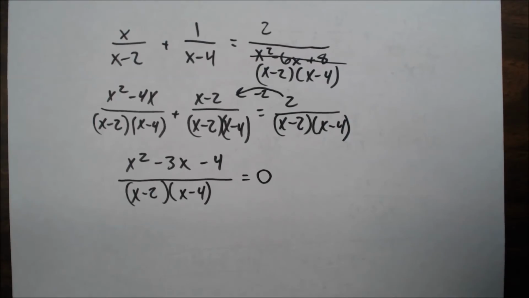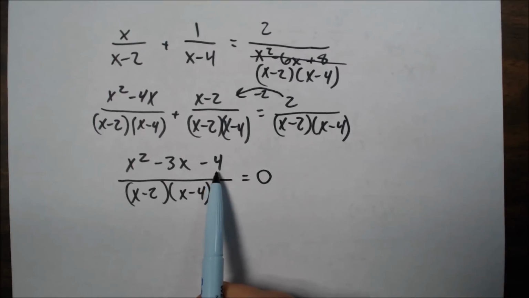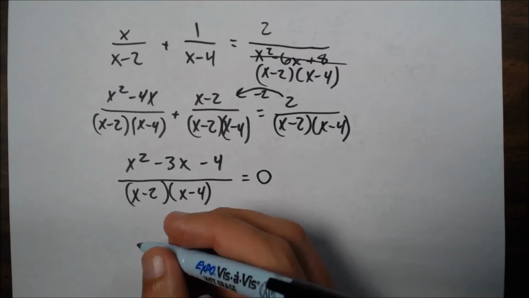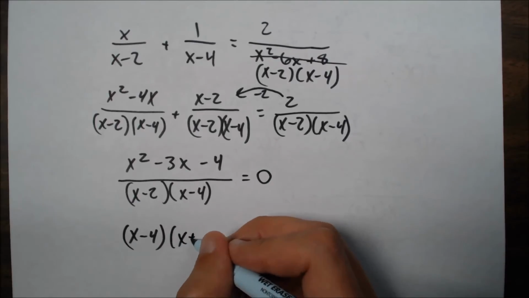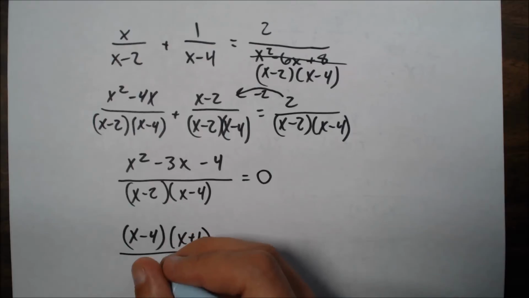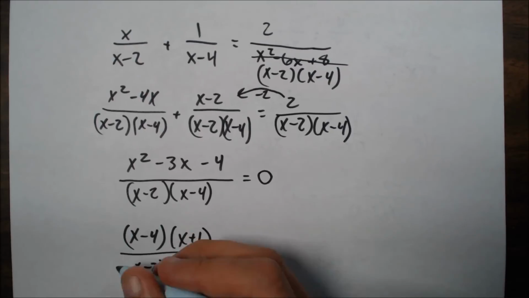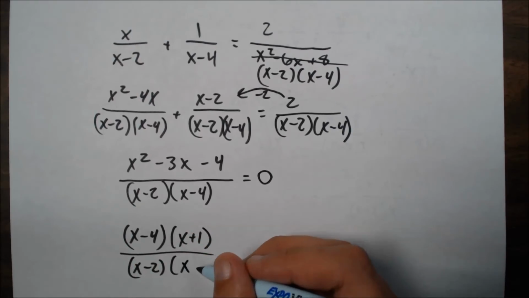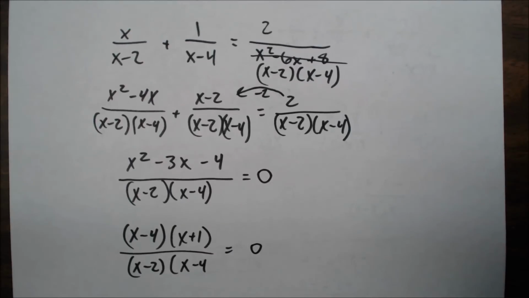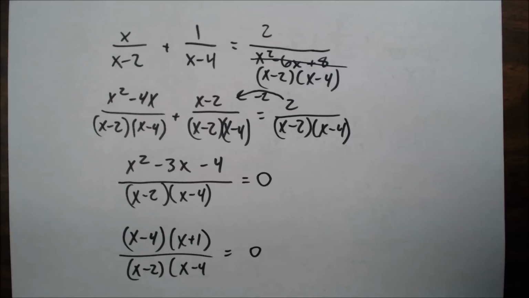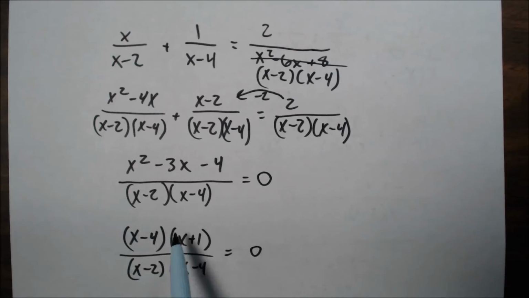Okay, can we factor the top? Are there two numbers that multiply to make -4 that add up to make -3? It would be -4 and 1. So I'm going to say x minus 4, x plus 1, over x minus 2 and x minus 4. So remember, now our question is, we've got everything in one fraction.